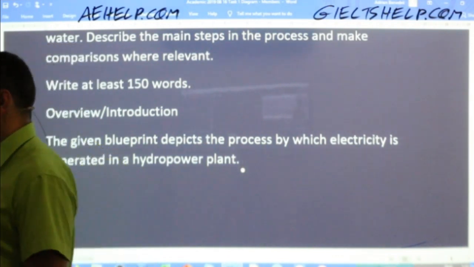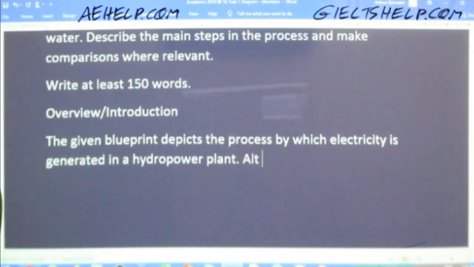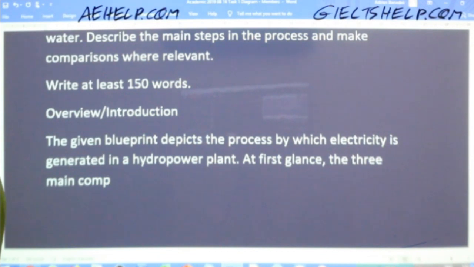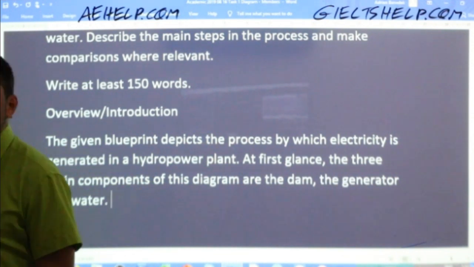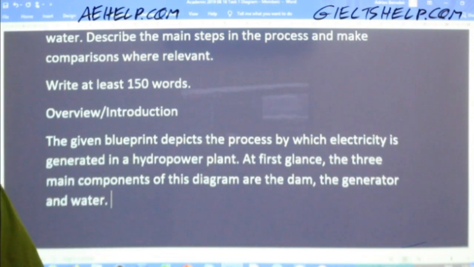So I might just go with something like, at first glance, the three main components of this diagram are the dam, the generator, and water. Okay? Just that simple. Okay?